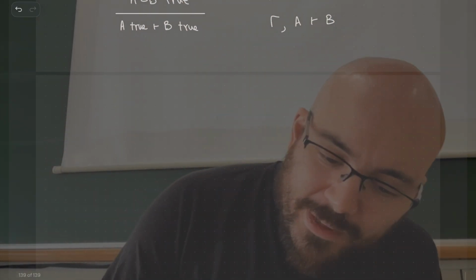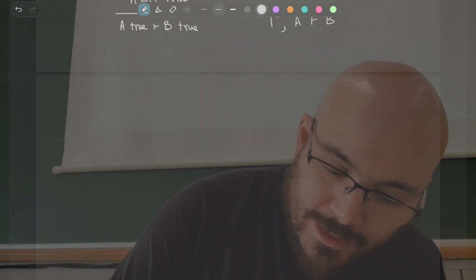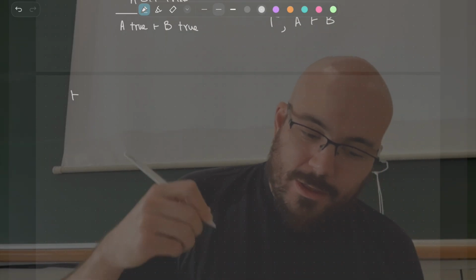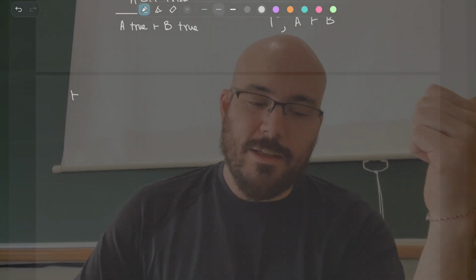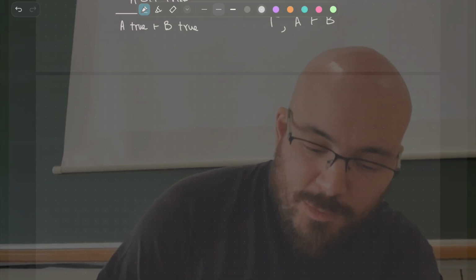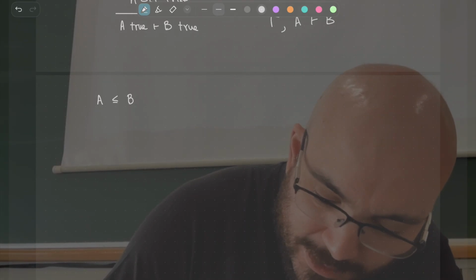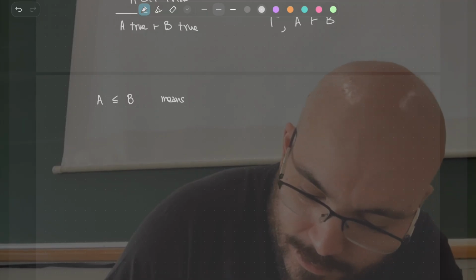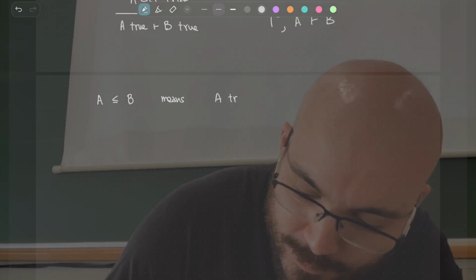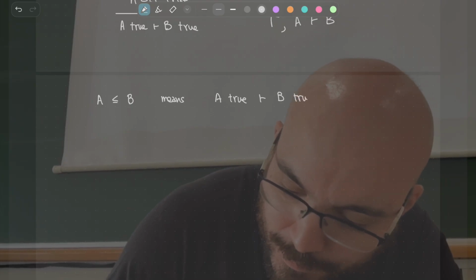So if we remember the order theoretic properties we have so far investigated on this relation, okay, rapidly, do I have a terminal? Remember, I'm writing A less than B to mean that from A true, I can prove B true.